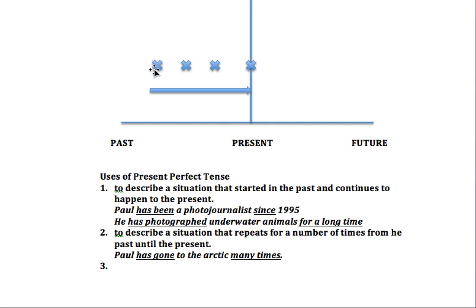Because it started in the past, it happened quite a few times in the past, and it still happens in the present, we use present perfect tense. So we say Paul has gone to the Arctic many times. We don't say Paul went to the Arctic many times. We don't use simple past tense. Well, people can understand, but grammatically it is incorrect.